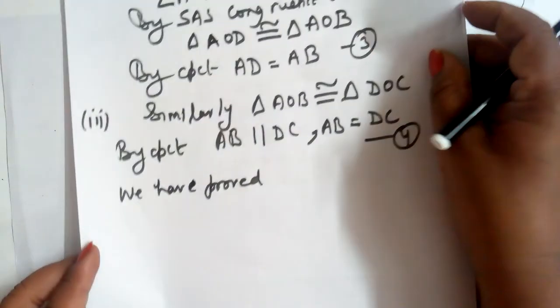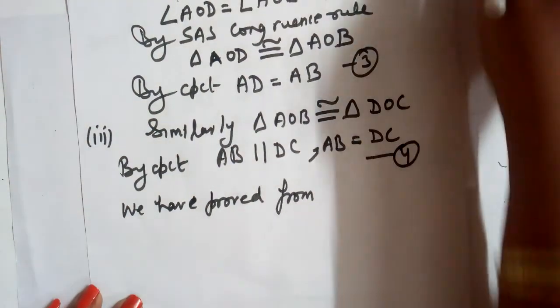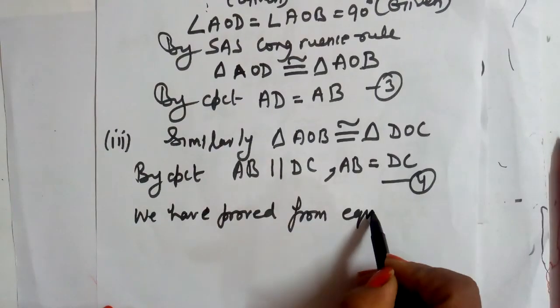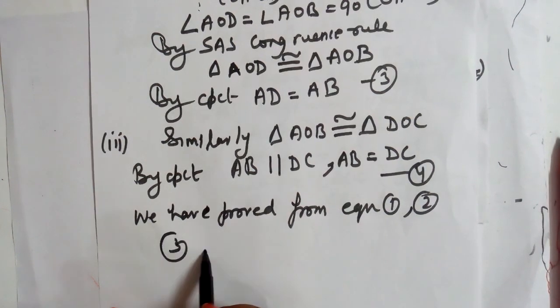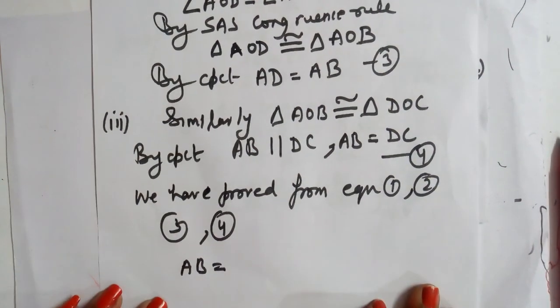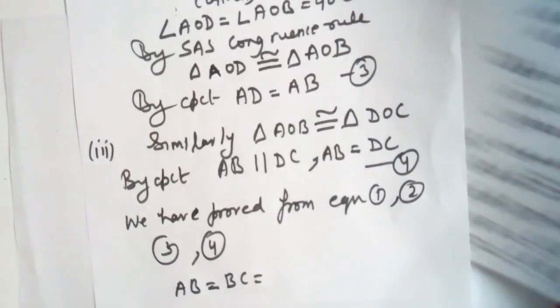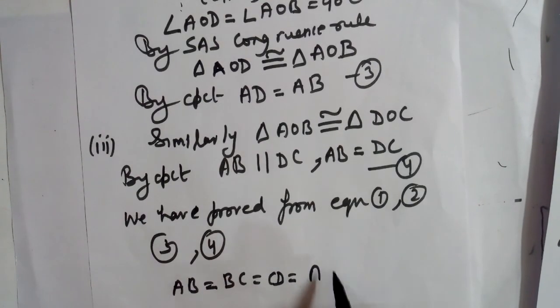So from equations 1, 2, 3 and 4 we can say that AB is equal to BC is equal to CD is equal to DA.